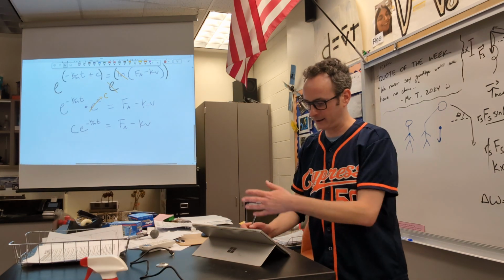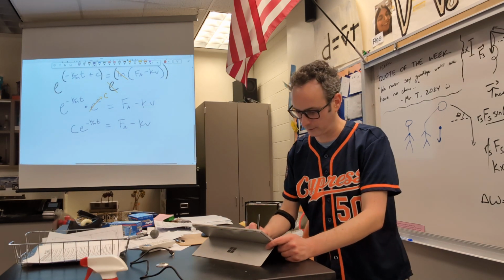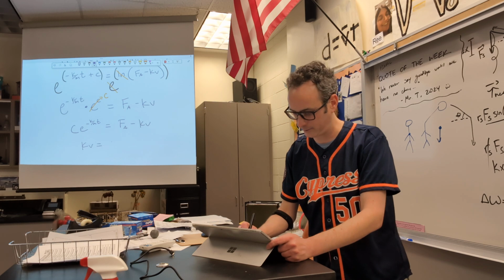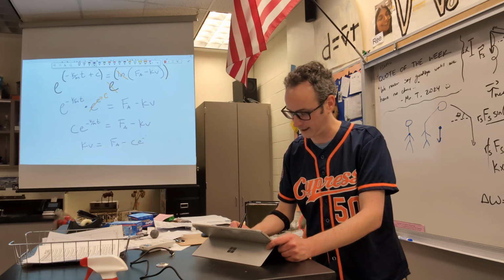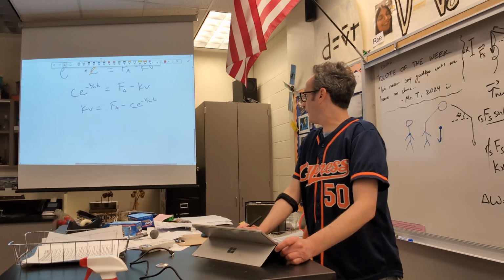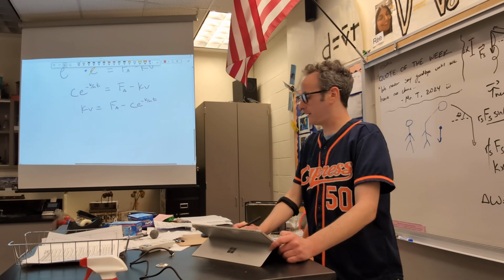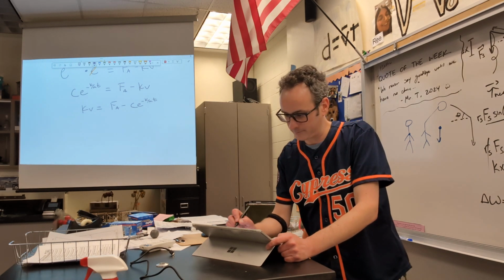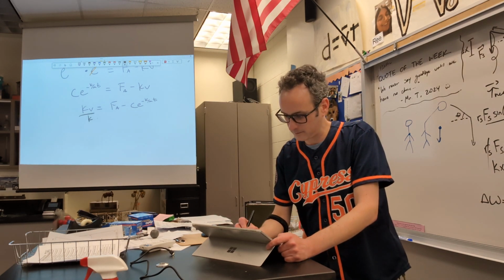So adding kv and then the ce term, that's going to be kv equals Fa minus ce to the negative k over mt. And then lastly, to isolate v, I'm going to divide everything by k. It's going to distribute there and there.